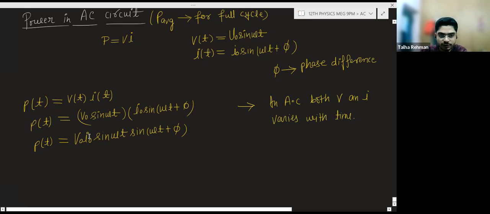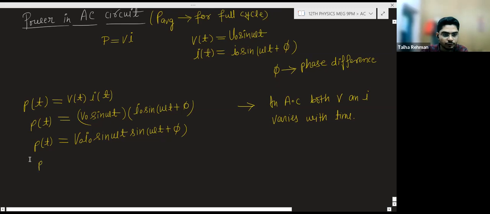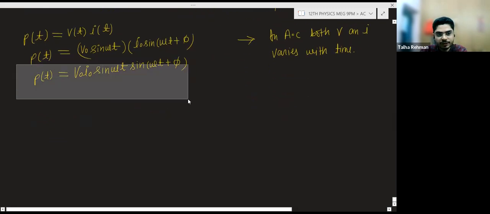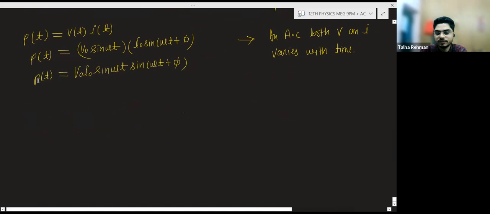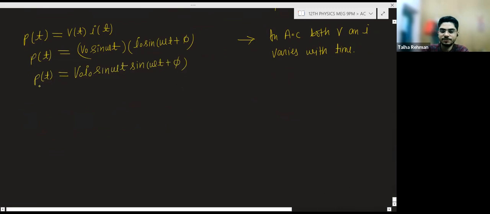So now we want to find the average power. We have the function of power in terms of time, and it is given like this.